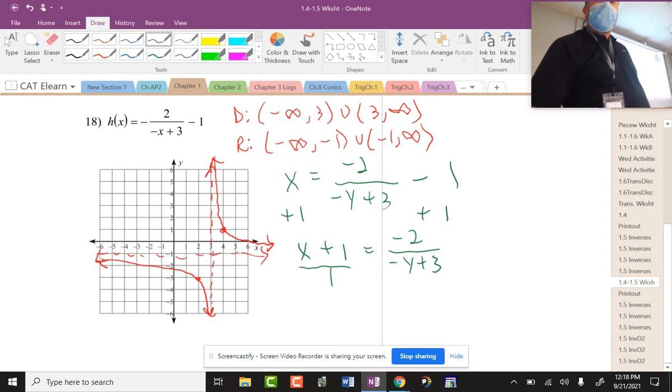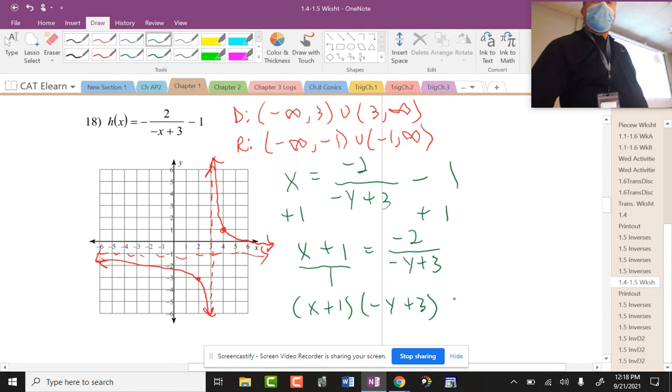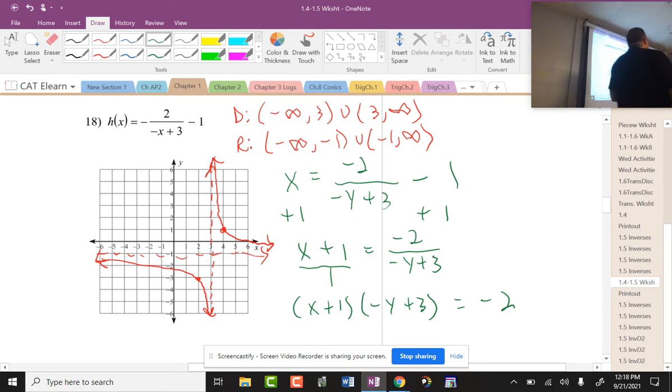If I cross multiply, this times this is x plus 1. Yes, you need parentheses. Negative y plus 3. And then 1 times negative 2. If you would have multiplied negative y plus 3 both sides, that would have canceled. Directly, you would have got negative 2. And then negative y plus 3 times x plus 1, you're right there.